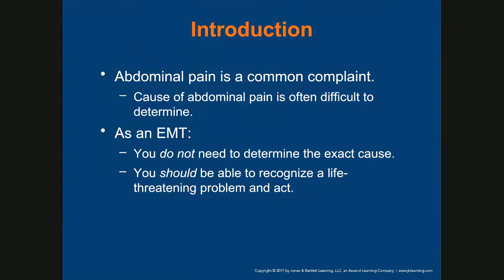So there's a lot of organs found within that specific area. So it's very difficult to pinpoint what exactly is going on in the field. So we don't play around with abdominal pain when a patient presents with abdominal pain in the field.